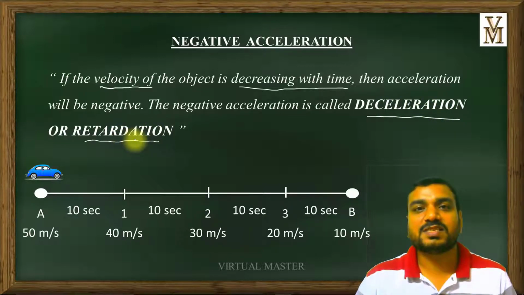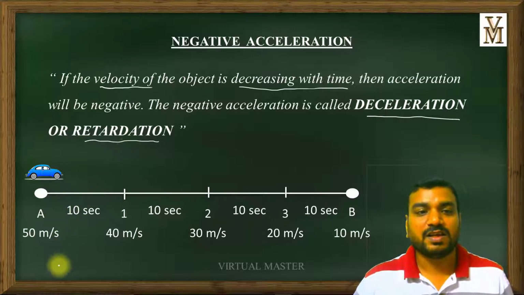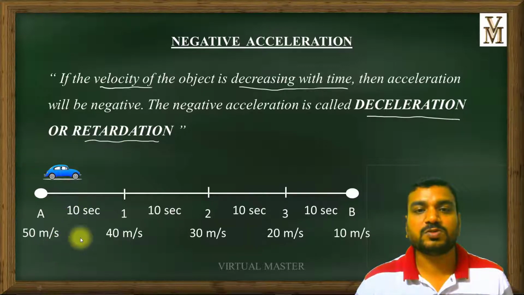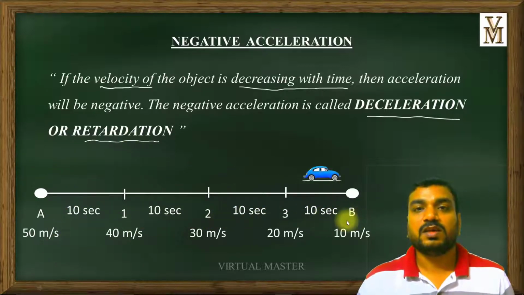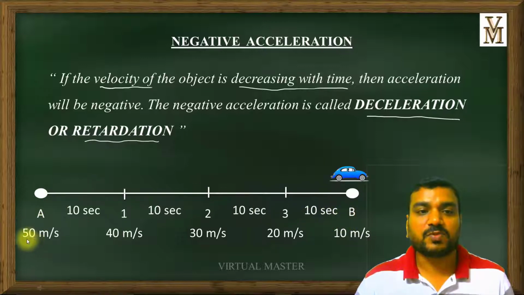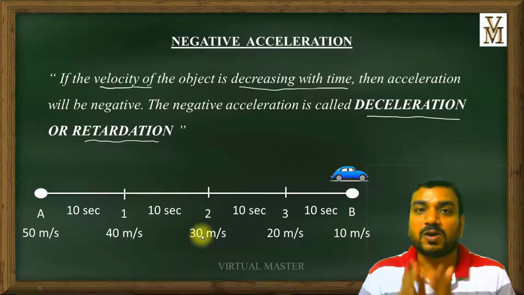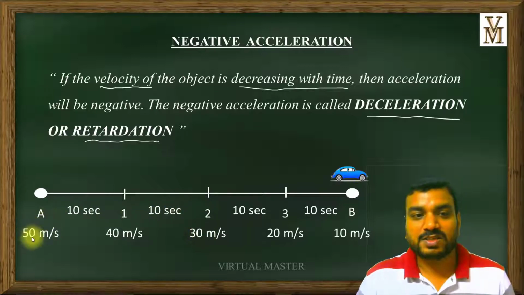To understand this better, let us take one example. The car is moving from point A to point B. Now the velocity of the car at point A is 50 meter per second, at point 1 it is 40 meter per second, and at point 2 it is 30 meter per second. If you observe properly, the velocity of the car is decreasing, isn't it?